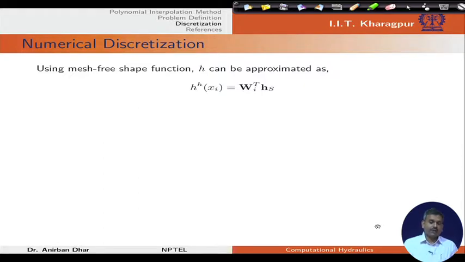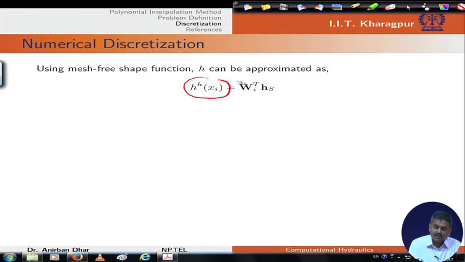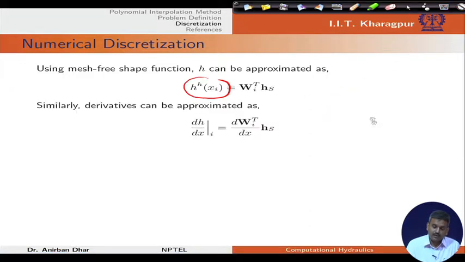In case of numerical discretization using mesh free shape function, h can be approximated as h, which is W transpose h. So, in this case we can also approximate the derivative.